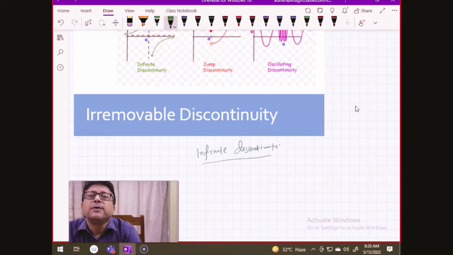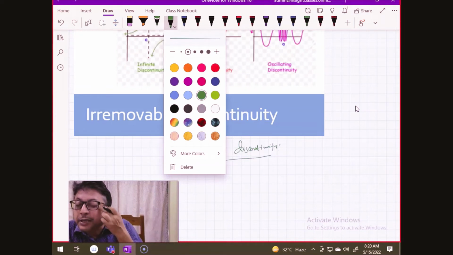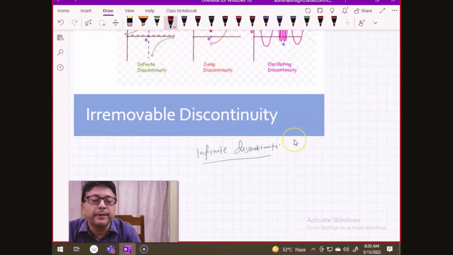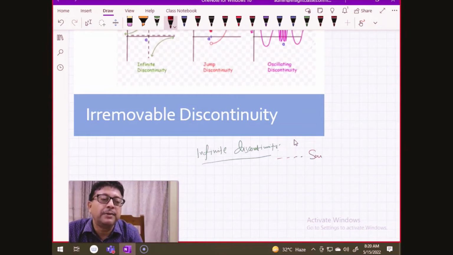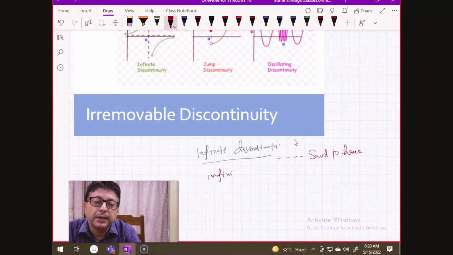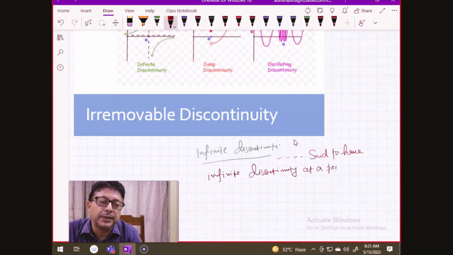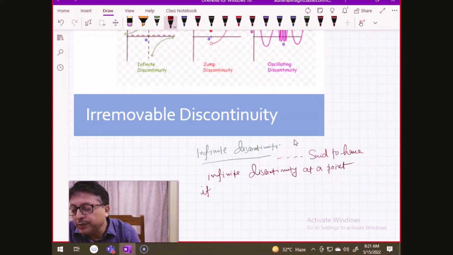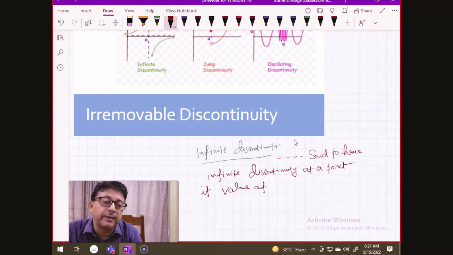It's quite obvious from the definition only. A function is said to have infinite discontinuity at a point if the value of one-sided limit is infinite.